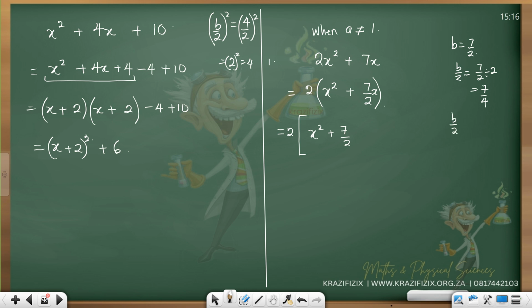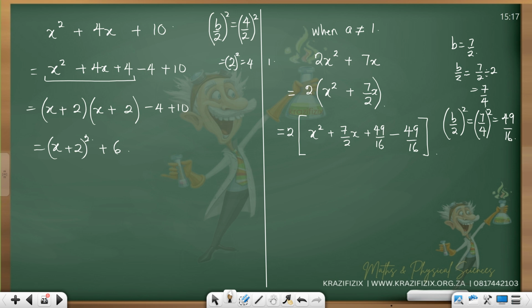So my b over 2 is 7 over 4. If I square that, what would I have? I'll have 49 over 16. Now, that is what I am going to add. And that is what I am going to subtract.